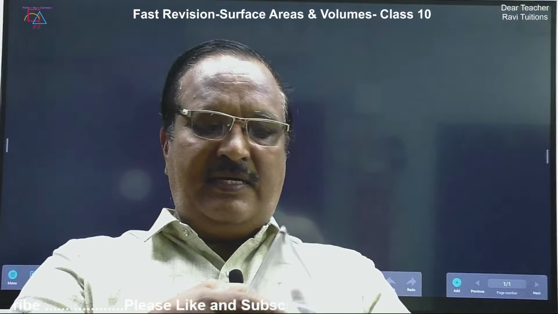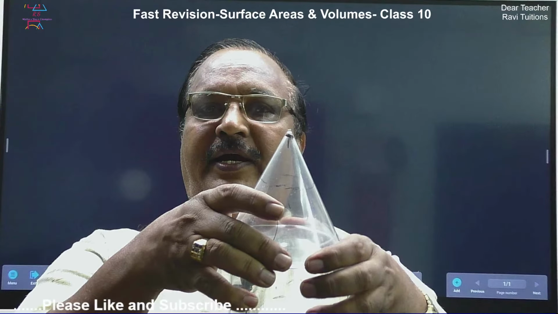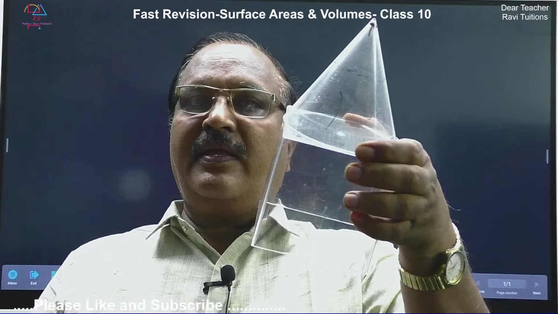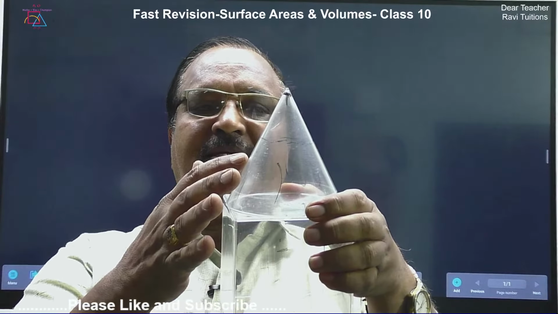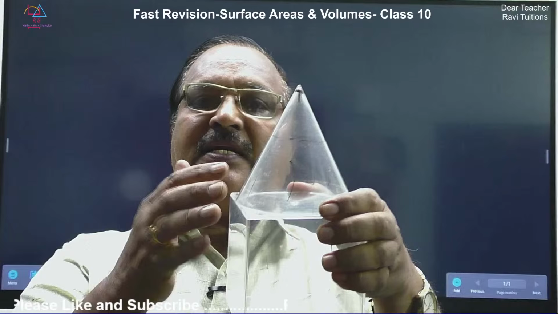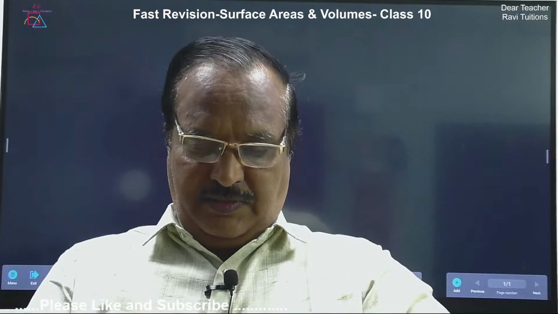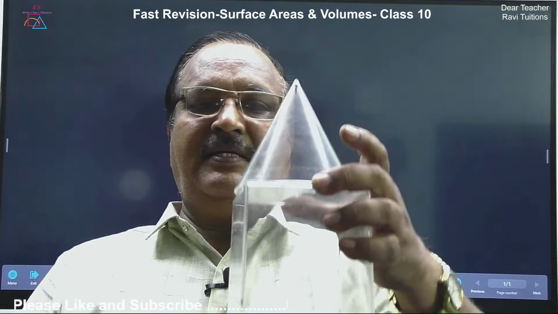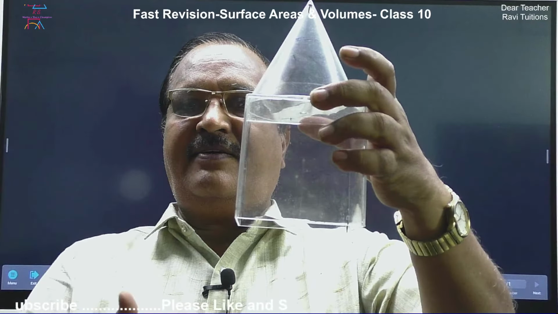So now see this figure. This is a cuboid, and on that a cone is mounted. A cone is surmounted on a cuboid. So you have to find out the surface area. So then what is surface area?